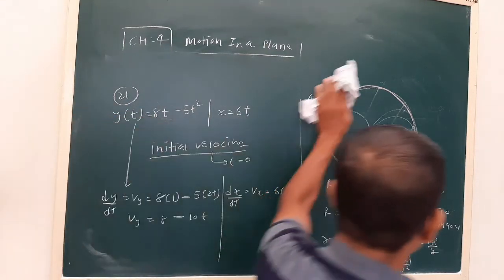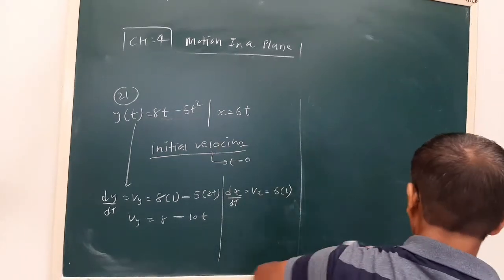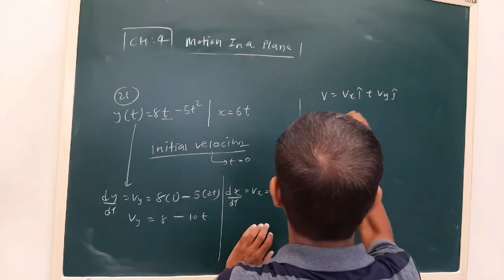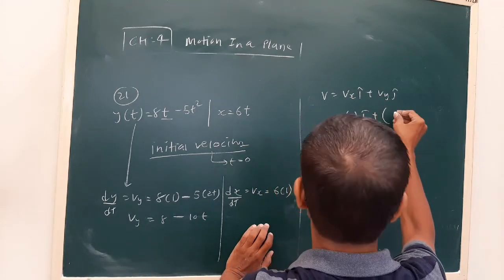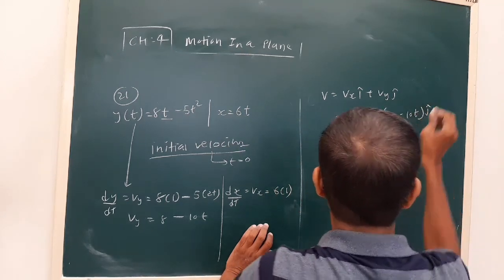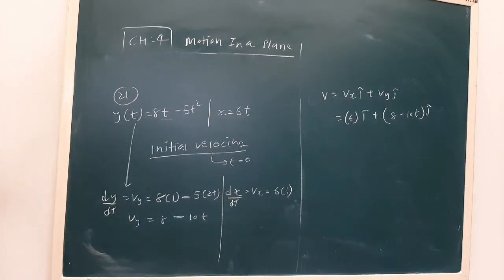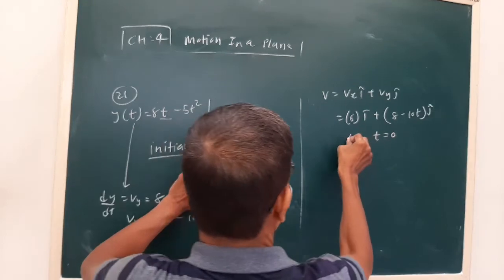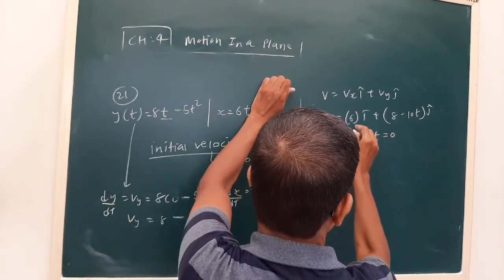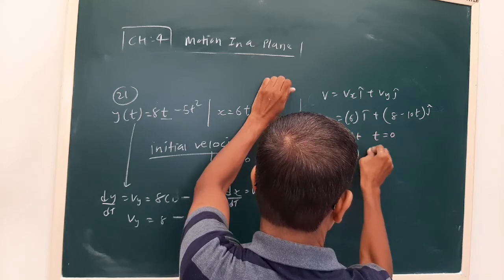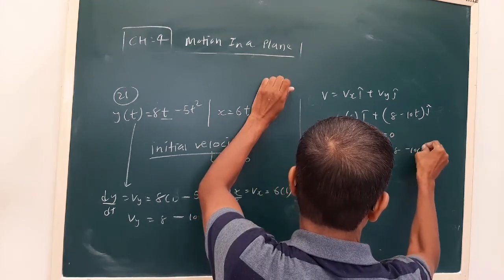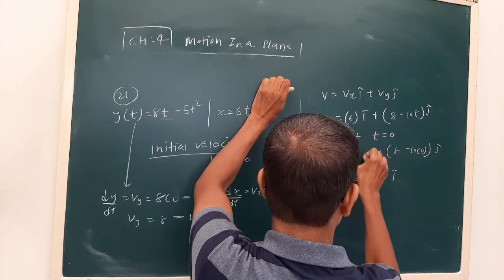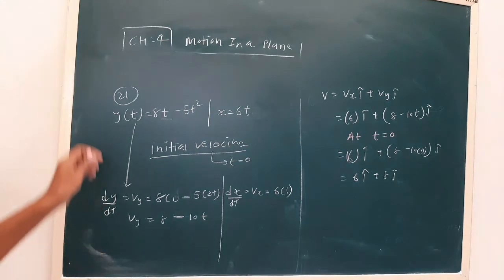Now we can write the equation of velocity. We are being asked the initial velocity, that is at time t is 0. See, here there is no term with t. Now see the magnitude of velocity.